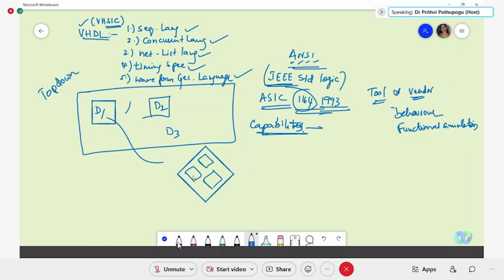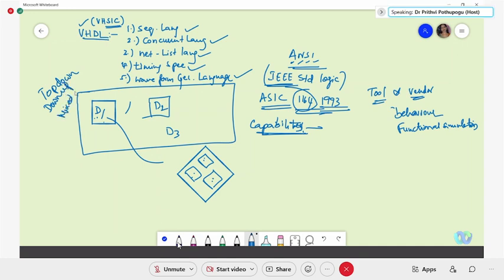These are the subsegments for this D1, and D1 will be a subsegment for my D3. That means it follows interconnected components. It supports connectivity: any lower level designs you can connect to form a higher level. That is as simple as that. It supports the hierarchy, and not only top down, it can be implemented in bottom up or mixed style.